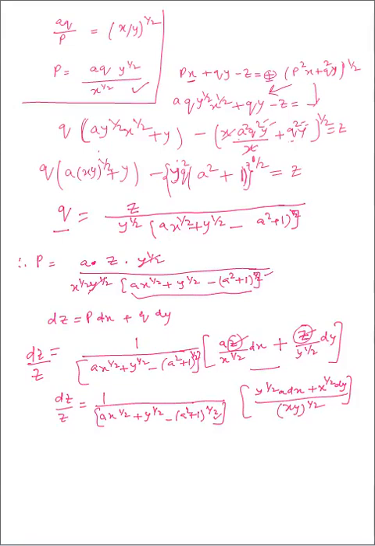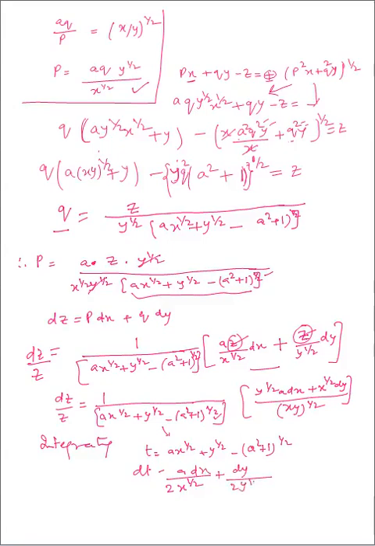Now we integrate it. In this we take this term as t. So dt is equal to a upon 2x to the power half dx plus dy upon 2y to the power half.